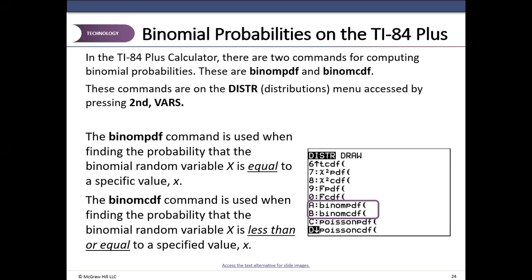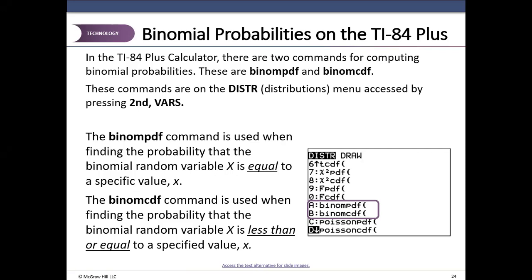And then what is binomCDF? The C stands for cumulative. The binomCDF command is used when finding the probability that the binomial random variable is less than or equal to a specified value X. What does it mean? Suppose I want to find binomCDF 4.